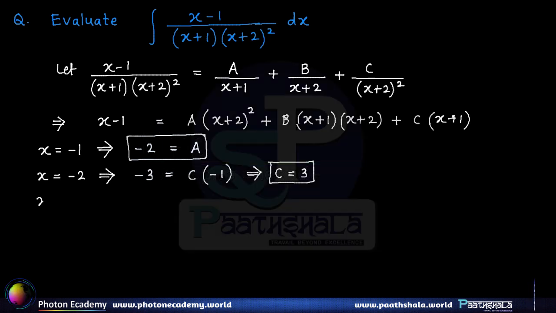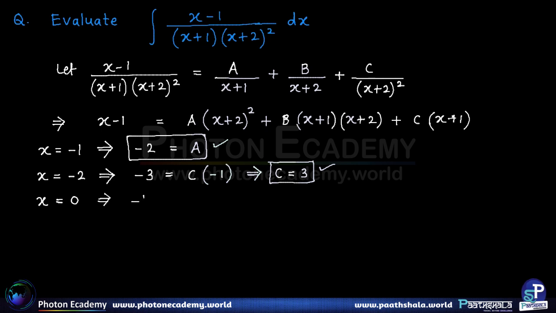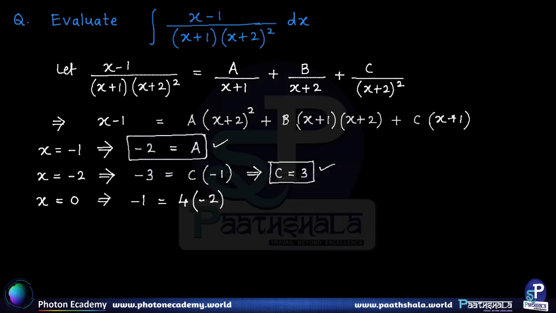Now as we saw earlier, we have to put any other simpler value of x to get the remaining constant, because now we know the values of A and C. So let's put x as 0 because that is easiest in calculations. On the left hand side 0 minus 1 is minus 1, that is equal to, on the right hand side 0 plus 2, that is 2 square, which is 4A, and 4 into A is minus 2 as we have already found out, correct?